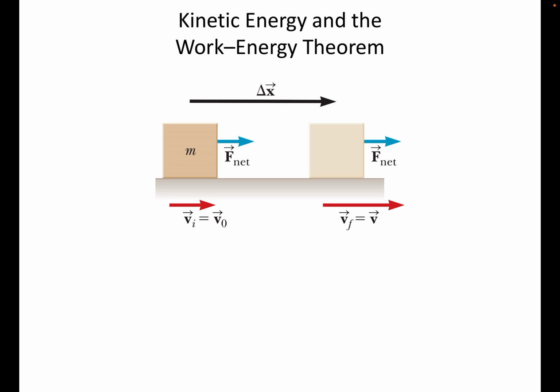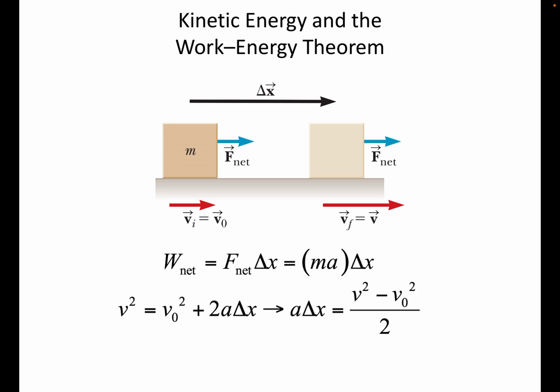From our kinematic equations, we know that final velocity squared equals initial velocity squared plus 2a times displacement, which gives us acceleration times displacement equals final velocity squared minus initial velocity squared, divided by 2.